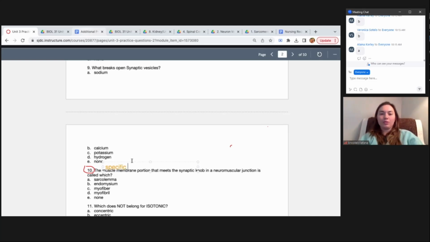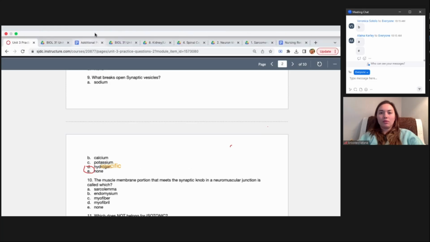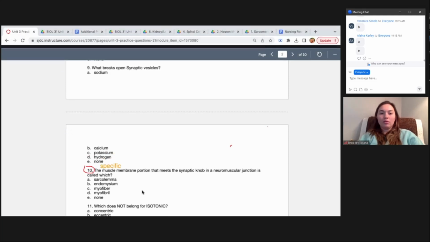I'm going to put the word specific, the specific muscle membrane portion that meets the synaptic knob. Good. So a sarcolemma is technically the same as the muscle membrane, but the real portion that is part of the neuromuscular junction is the motor end plate. So the neuromuscular junction in textbooks and for your test is not the synaptic knob and the sarcolemma. It's the synaptic knob and the motor end plate.